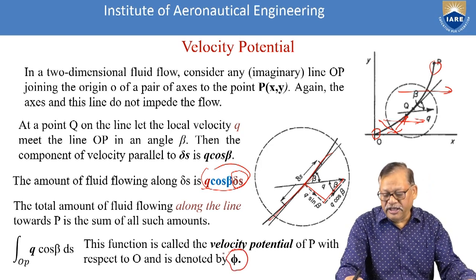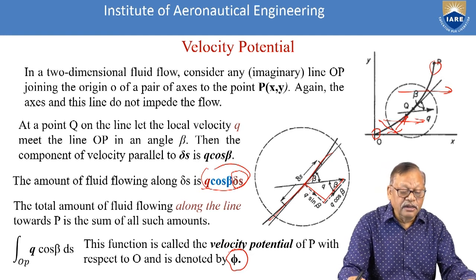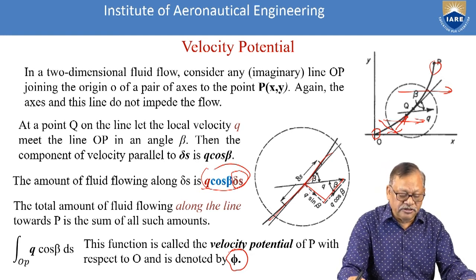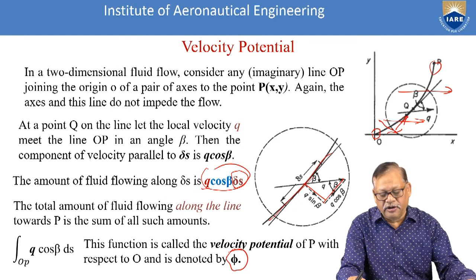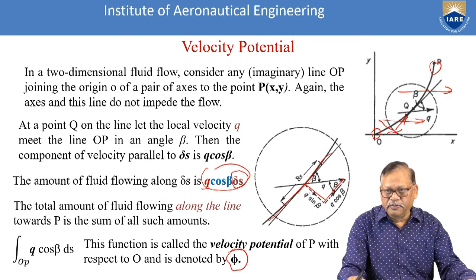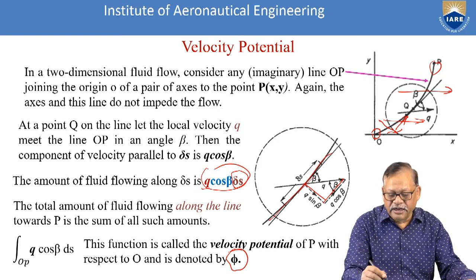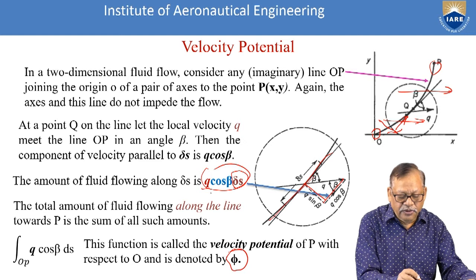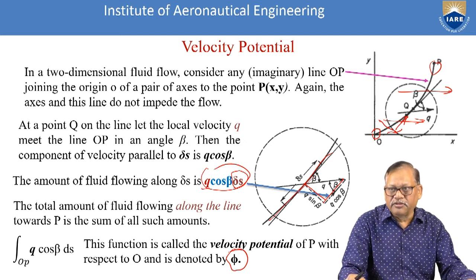The stream function was denoted by psi, and velocity potential is denoted by phi. This is very important when we study source and sink. That's why I told about this. OP is the line, and Q ds is along it. This one I have drawn.